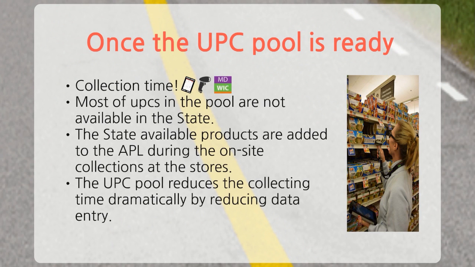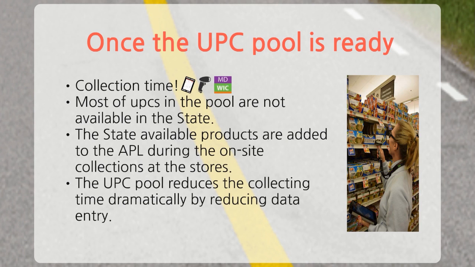And once the UPC pool is ready, the next step is the collection time. In Maryland, we are using a tablet and scanner, and at Homebrewed, we developed our own collecting software, which is UPC Collector.